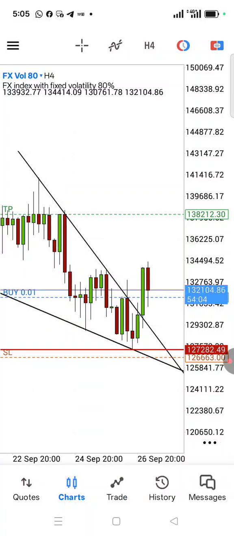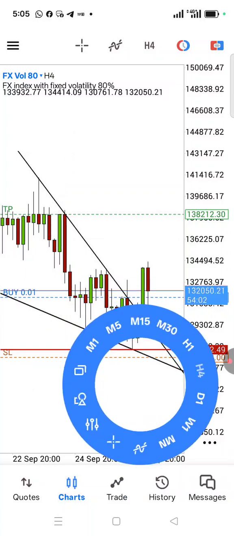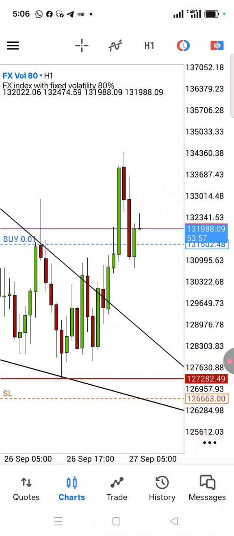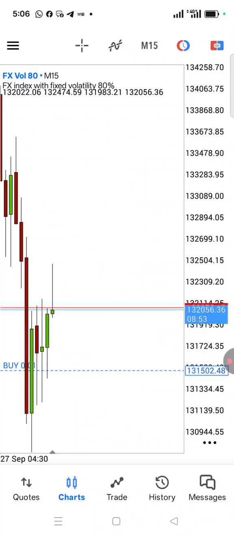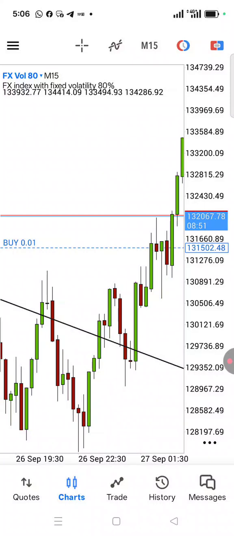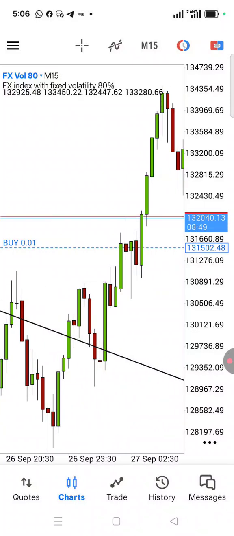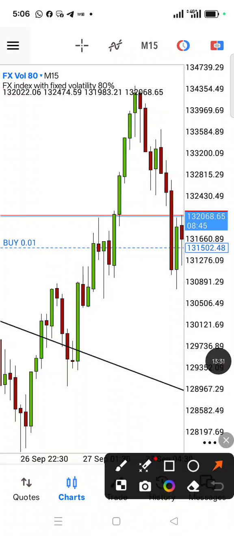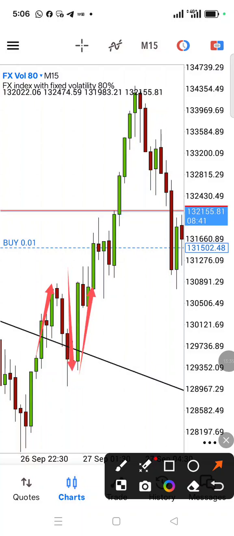Now it happens that by the time I woke up this morning, around 4, and looked at it, the market had already broken above. If I had seen it earlier on 5 minutes or 15 minutes, this is what I would have entered and taken the first profit. So this was the break, this was the retest, this is the continuation.